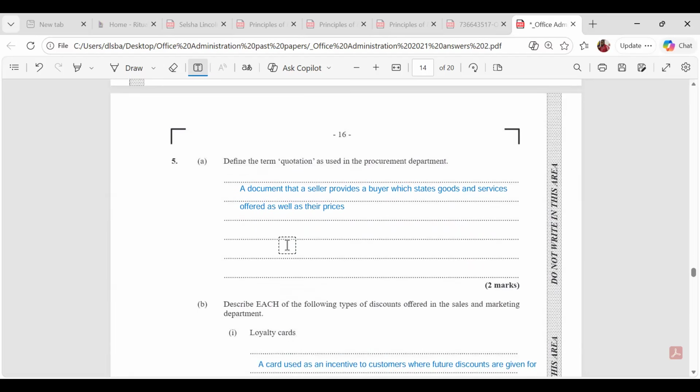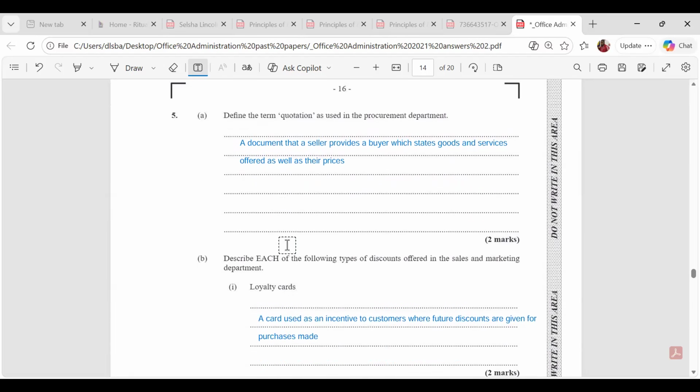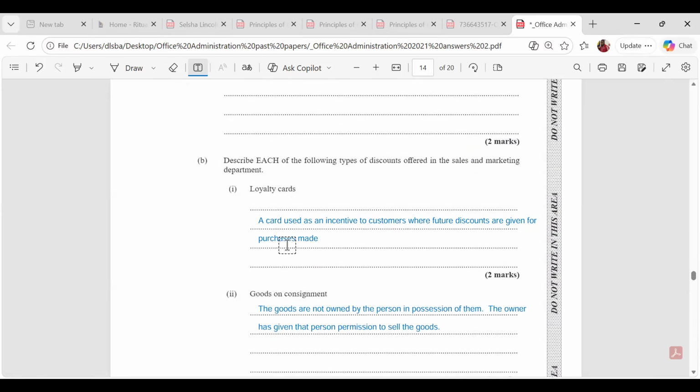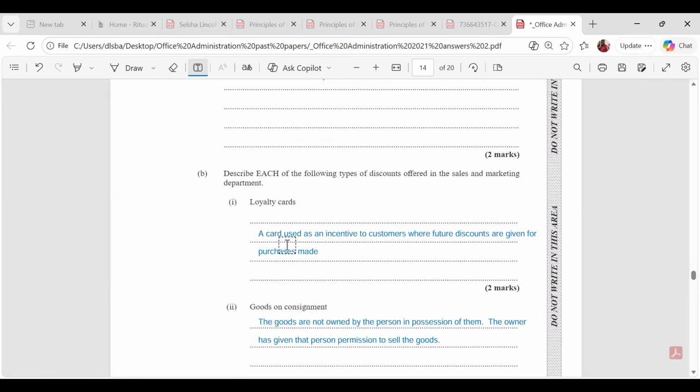We know loyalty cards is a card that customers could use to gather points when buying from a particular company that they can redeem for specials or discounts. Goods on consignment is when you give somebody else the goods to sell on your behalf, but the goods are still yours. Once the goods are sold, both of you get a cut from it.